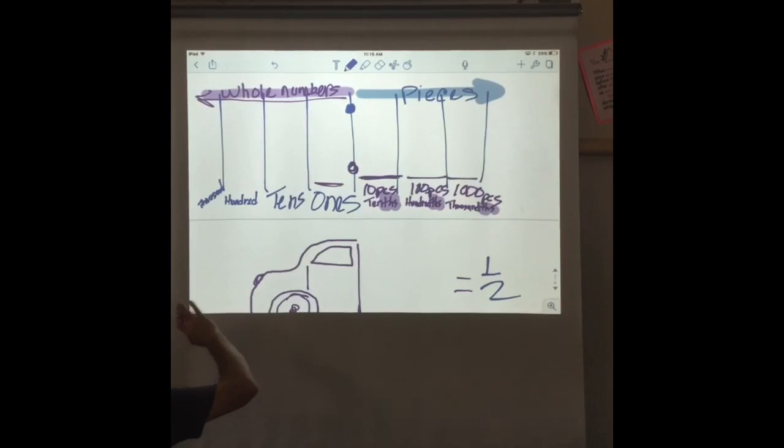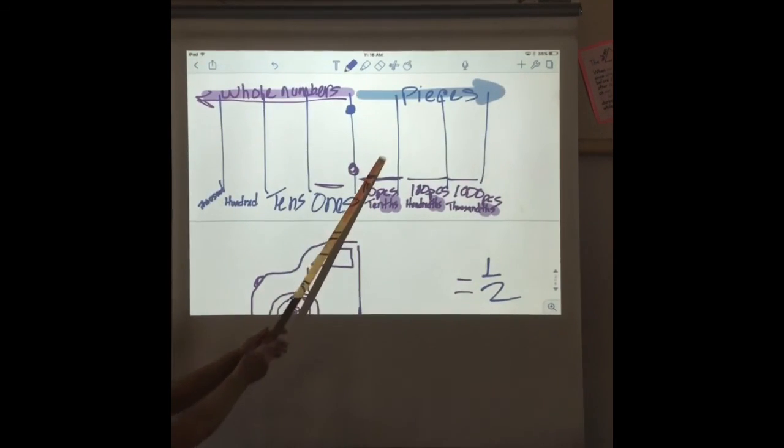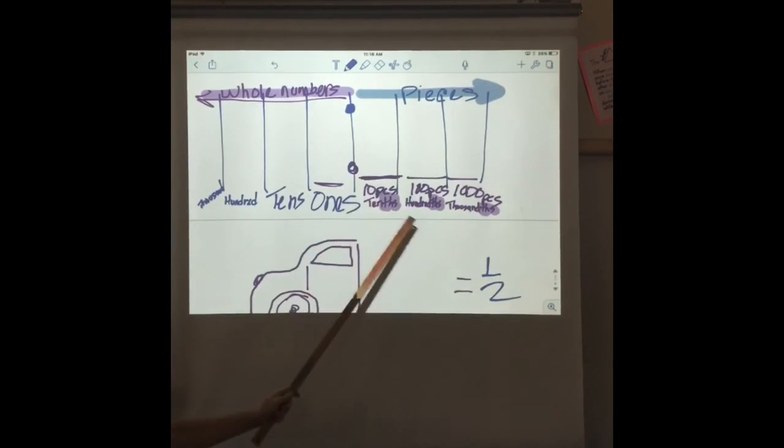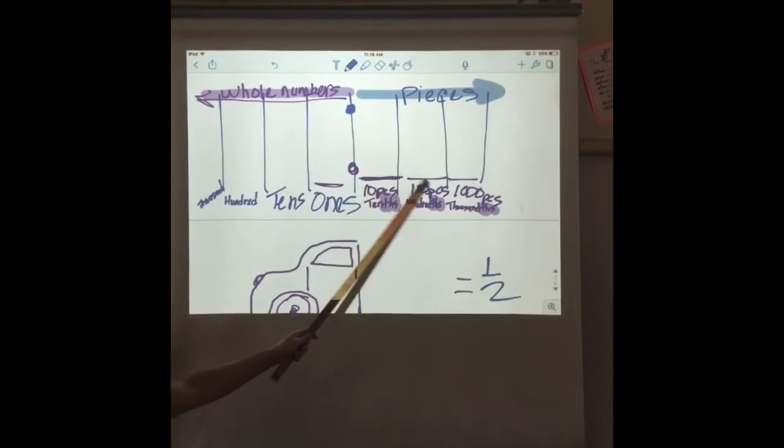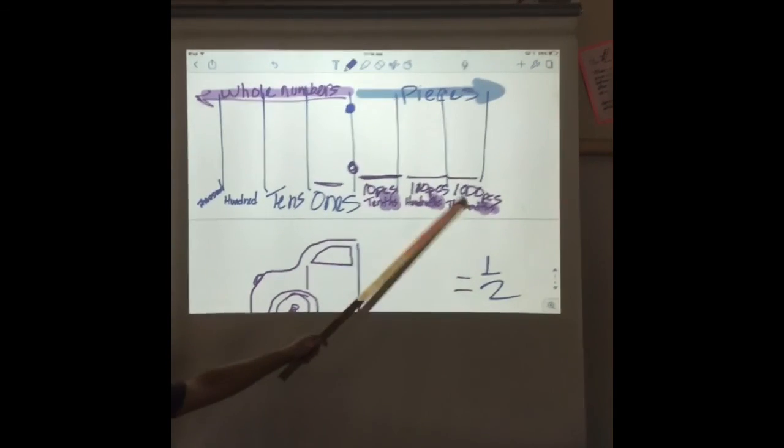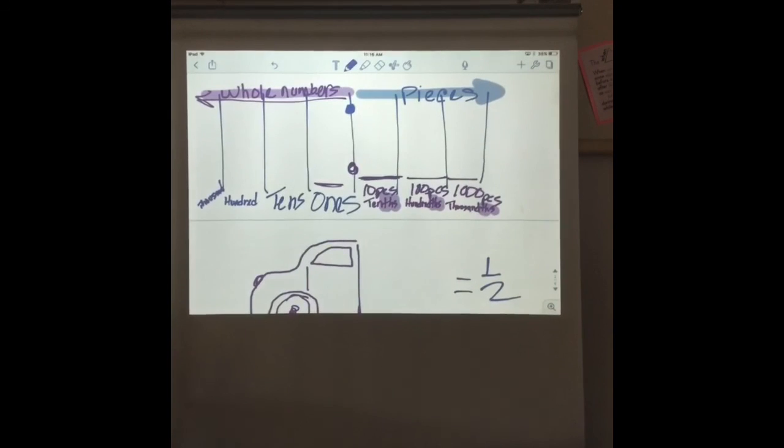All the things on the right of the decimal are pieces. And how many pieces are in this column? 10. How many pieces are in this column? 100. Why 100? Because it's 2 digits, right? Yes. And then this one's 1,000. Okay, very good. You know me, I love math.